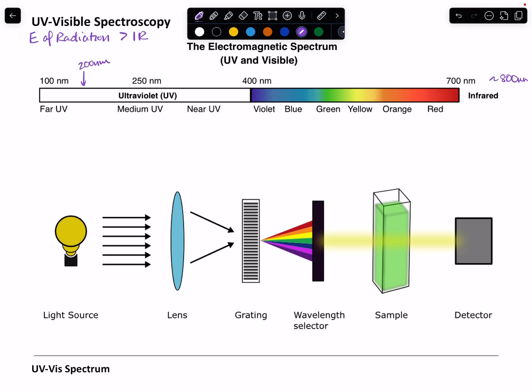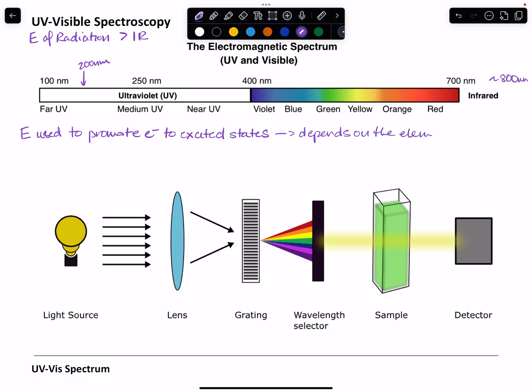So what is that energy used to do? The energy is used by our atoms and molecules to promote electrons to their excited states. And what that looks like depends on the element.